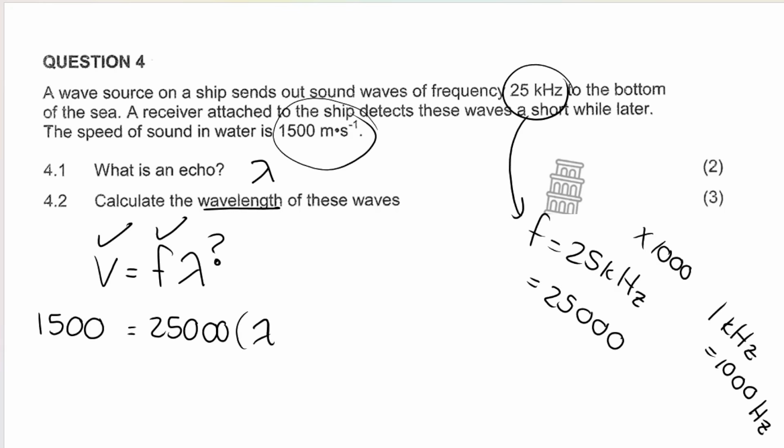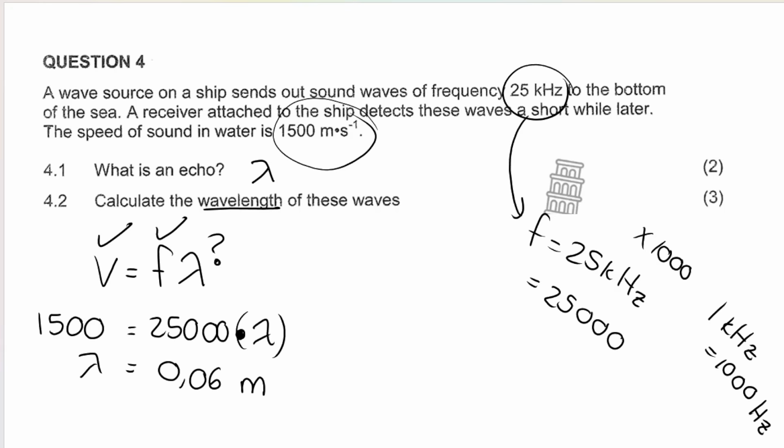And then we're looking for wavelength. So to get wavelength alone, this is times 25,000, so we have to divide by 25,000. So it's 1,500 divided by 25,000. And our answer for wavelength is 0,06, and our unit is meters.